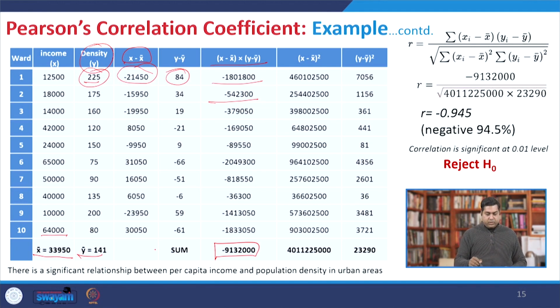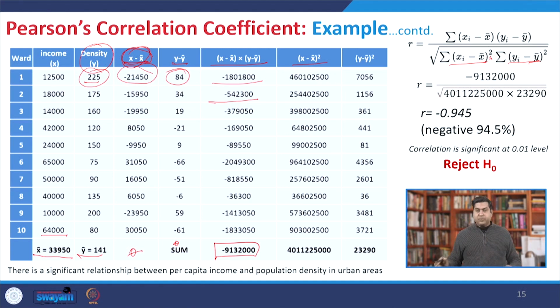If you take the sum total of these differences alone, again it will be 0, so we do not require it. Then, for the denominator, you have to calculate the x minus x bar square, and also the y minus y bar square, and then you just take the product of these.